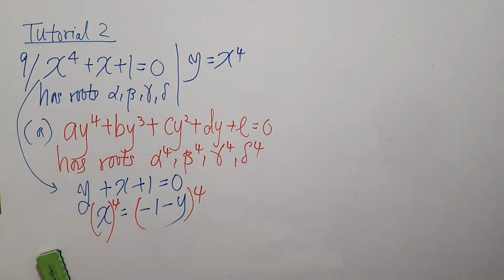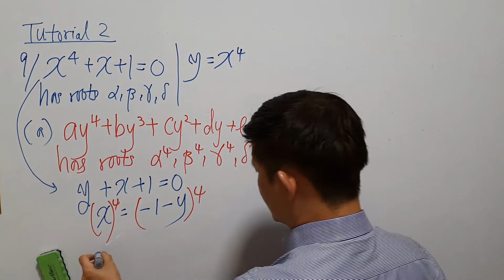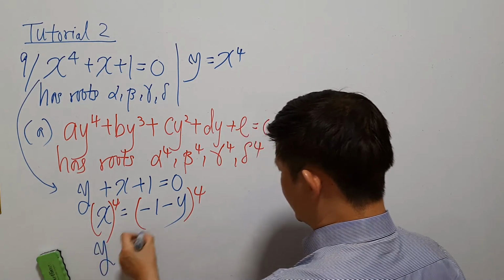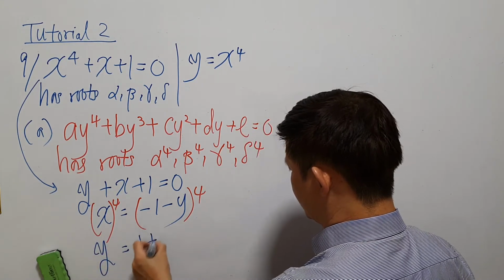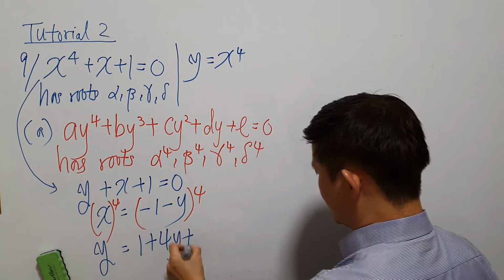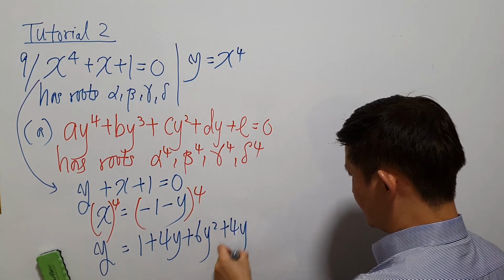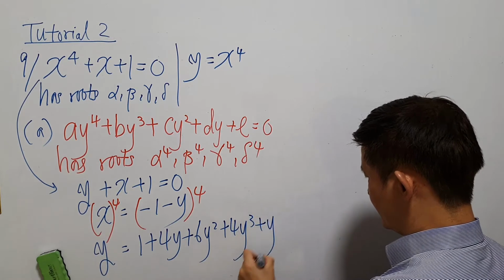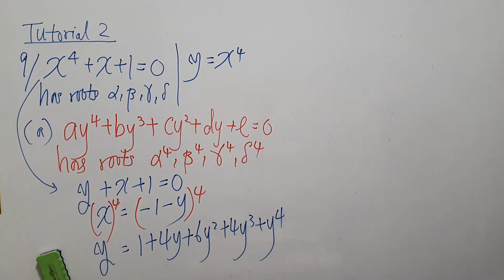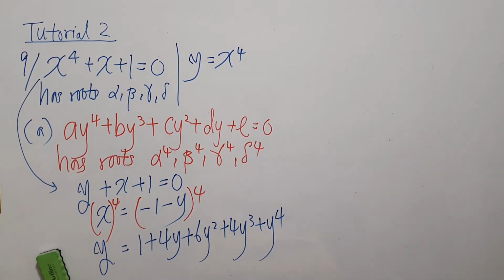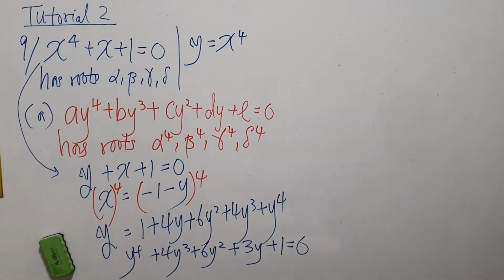On the left hand side, if you raise power 4, this becomes just y. On this side, if you raise power 4, you get this. And so therefore, the equation whose roots are these, right away, it turns out to be, okay, allow me to box up this equation.